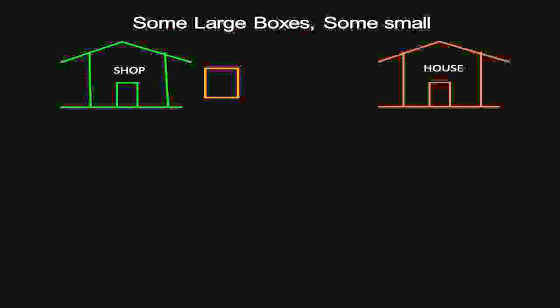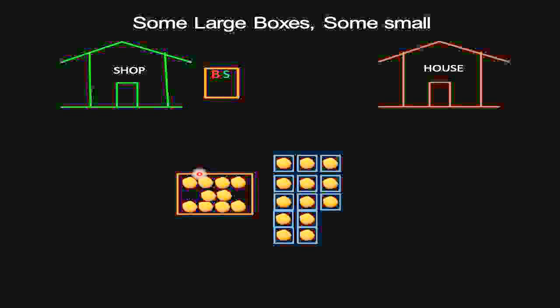The third case was the intermediate case. Some large boxes and some small boxes. In this case, we'll continue to use the same notation, the big boxes first and then the small boxes second. The 23 was sent in 1 10 laddu box and 13 1 laddu boxes.